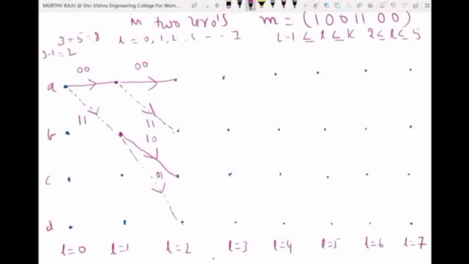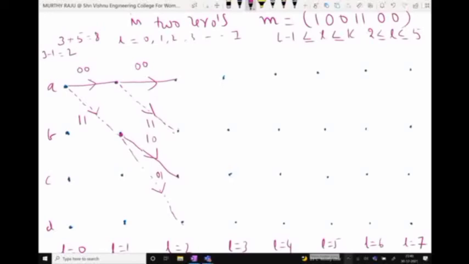Up to L is equal to 2, 3, 4, 5. The structure is periodic in nature.